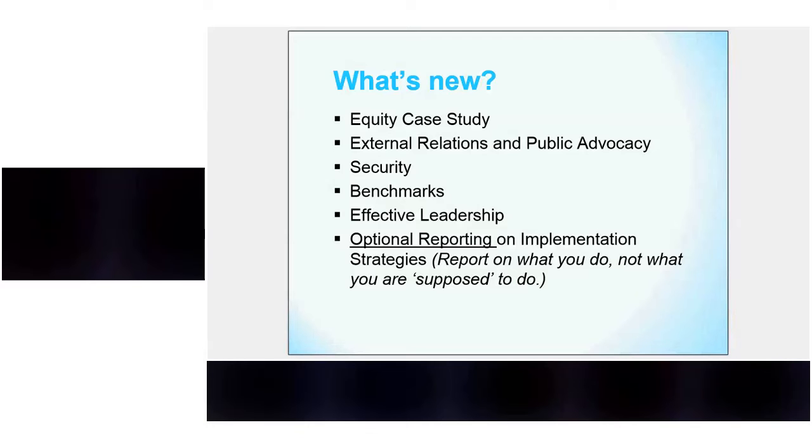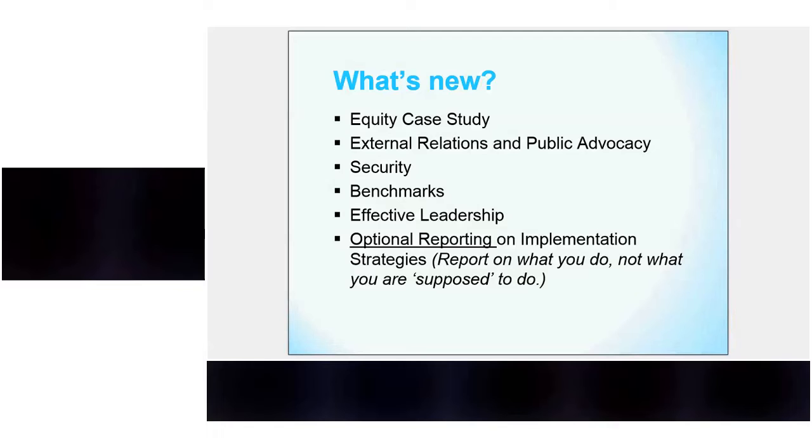The next is the benchmark section. The global benchmarks, as you may remember previously in the old system, you were asked to rate yourself against meeting the global benchmarks. What we've now done is change the format of that, so there will be questions on the performance of the office related to global benchmarks. There's a new section on effective leadership.